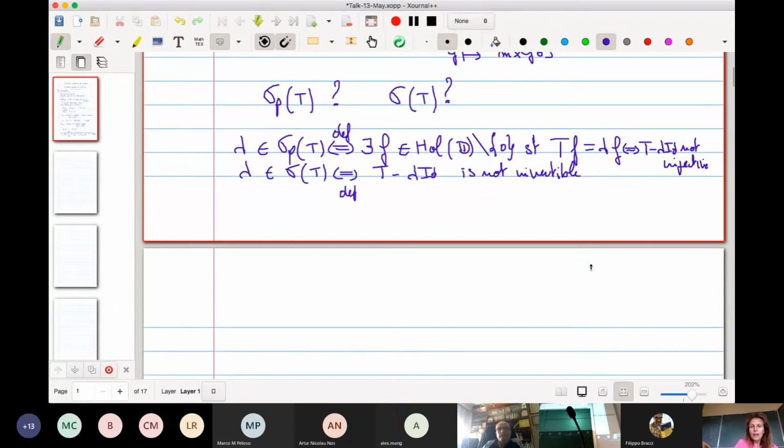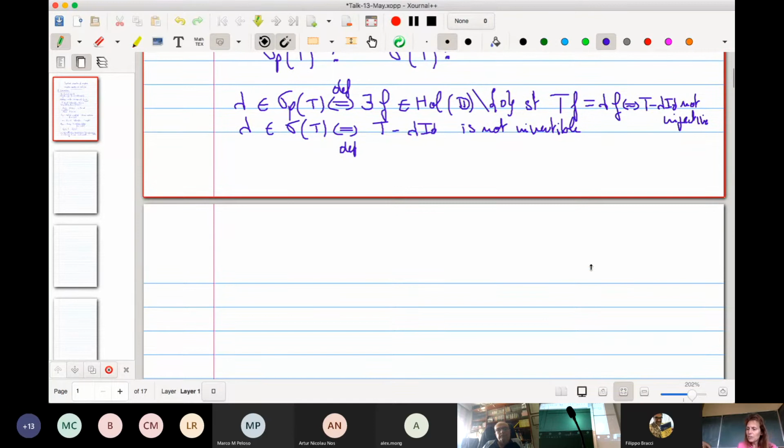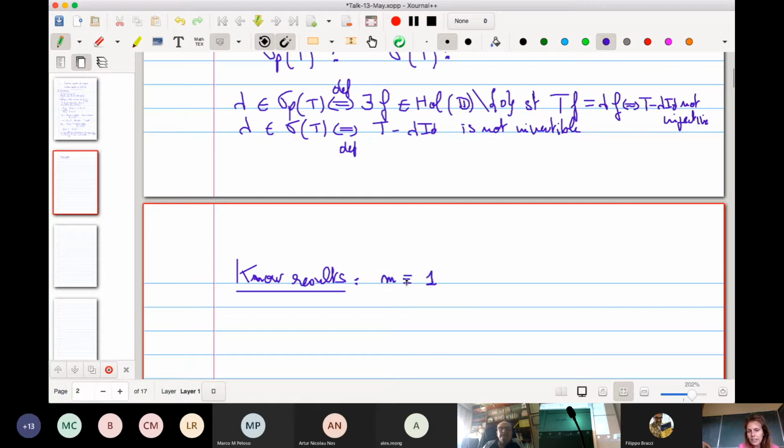Okay. So now we'll recall what the known results in this area are. Okay, the first known results are concerned with the case where the weight is identically equal to 1. And so let N0 be the non-negative integers.